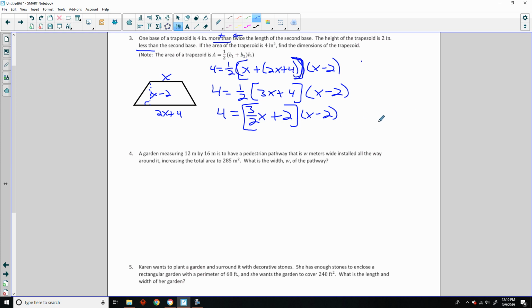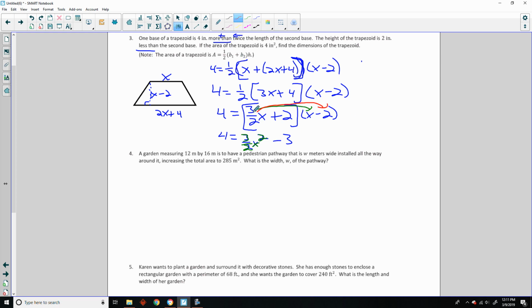Okay, now we're going to distribute. So 4 equals x times 3 halves x is 3 halves x squared. 3 halves x times a negative 2 would be negative. The 2's cancel, and it's 3. Okay, so here, let me do this in color. So the first thing I did was here, and that gave me this. And then I'm going to do 3 halves x times negative 2, and the 2's cancel.